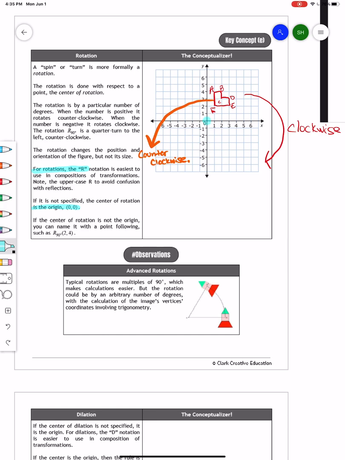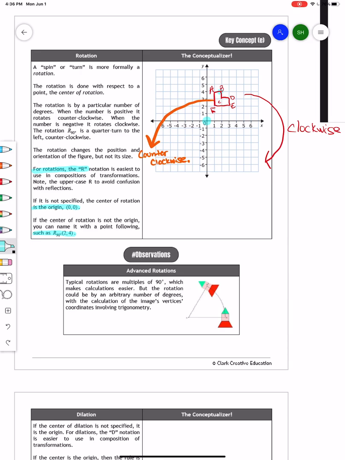So that's what we're going to start with. And remember, that is the origin right there. If the center of the rotation is not the origin, it will be named like this. In this case, it's saying that we would rotate 90 degrees from point 2, 4, which would be up here. Okay, so just keep that in mind when you're rotating.